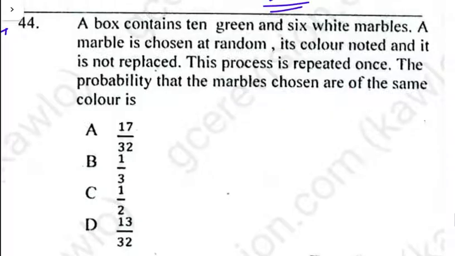The probability that the marbles chosen are of the same color is... So according to this process, there are actually 2 draws, because the marble is chosen and not replaced, and this process is repeated just once. So what's the probability that the marbles chosen are of the same color?